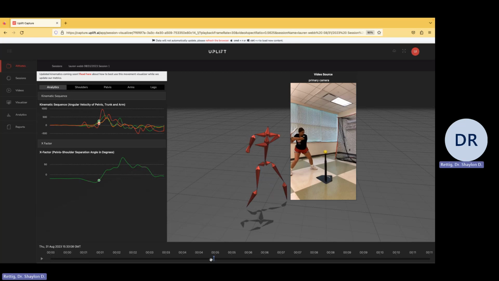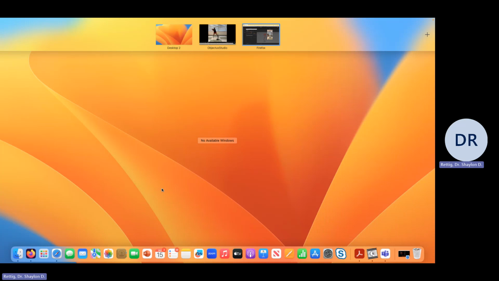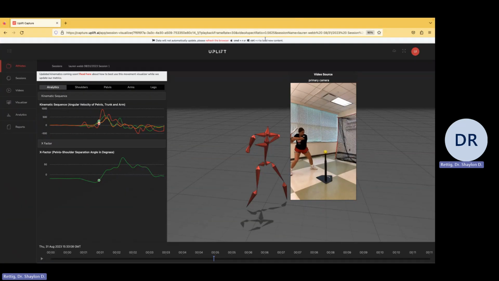Okay, I'm going to say dead hands on this one. The reason dead hands is important is that we do want some separation, but away from your body. That creates this elastic stretch, which generates power and energy, which translates into power within your swing. So I am going to say there's a little dead hands there.